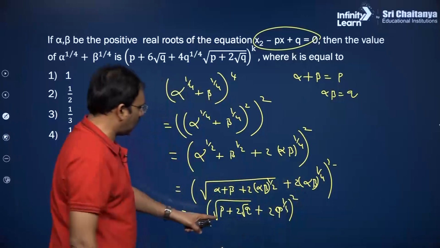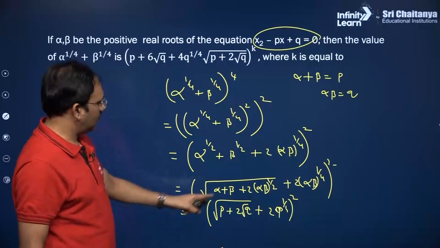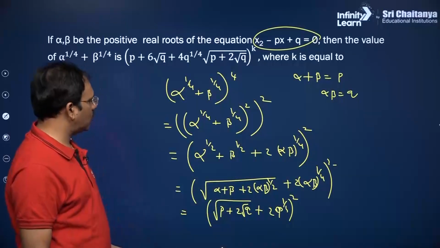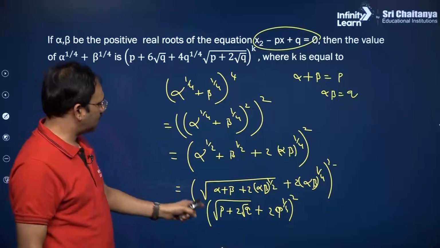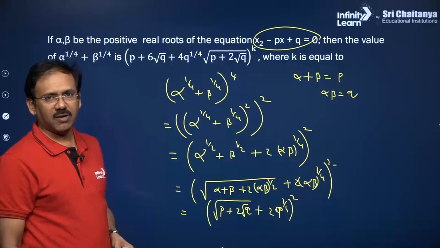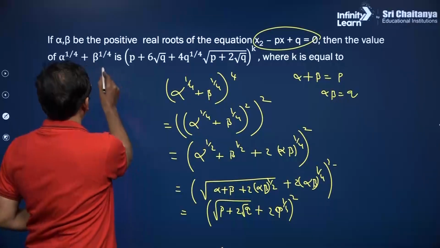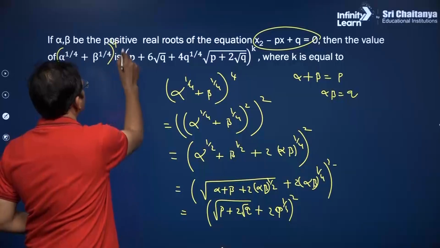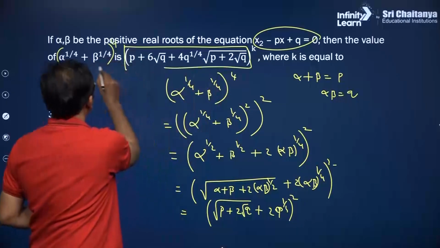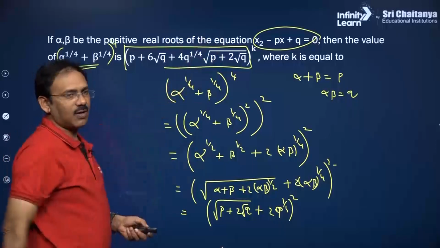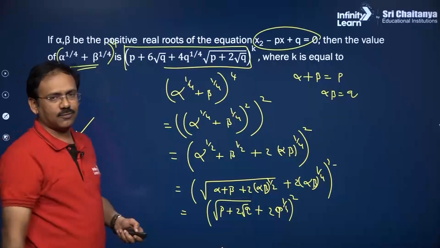So a square plus b square is going to be 2 root q plus 2 root ab. It perfectly fits with this. So if you square this, its power 4 is this expression, in the sense that power 1 by 4, the k value is 1 by 4.